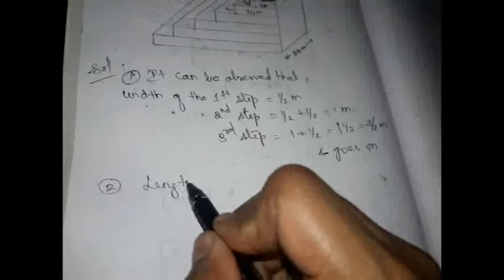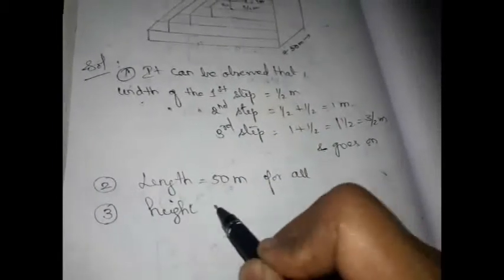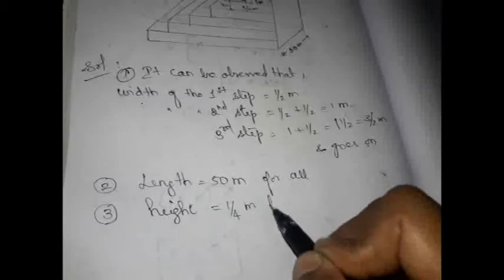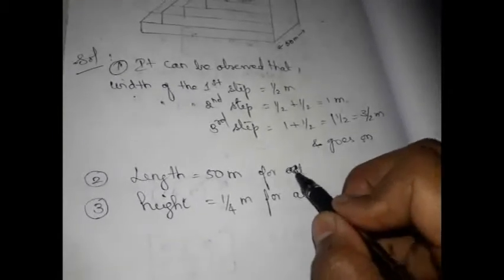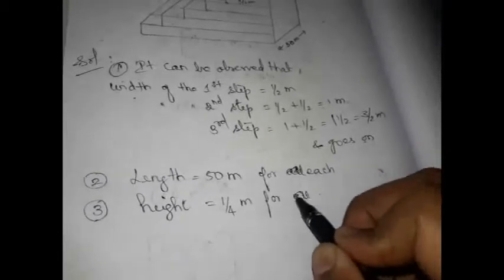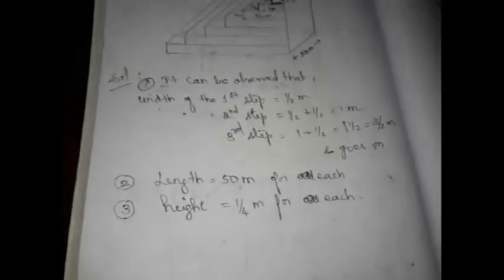And this is our first point regarding width. Then what about the length? Length is equal to 50 meter for each. And height is going to be 1 by 4 meter for each. Actually, you should not write for all, for each, right, for each.